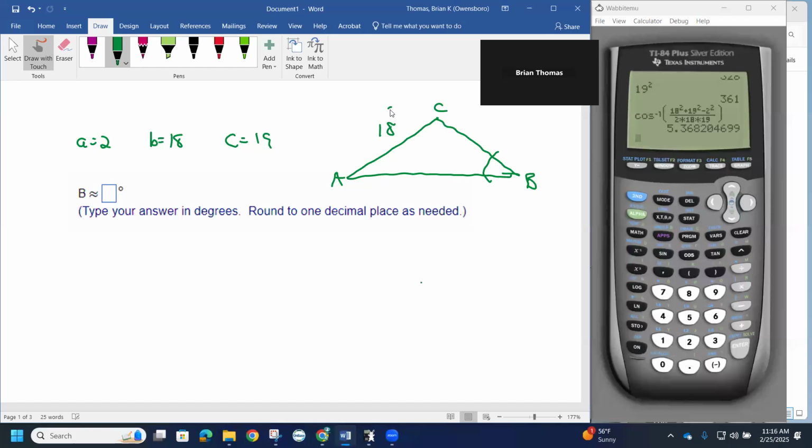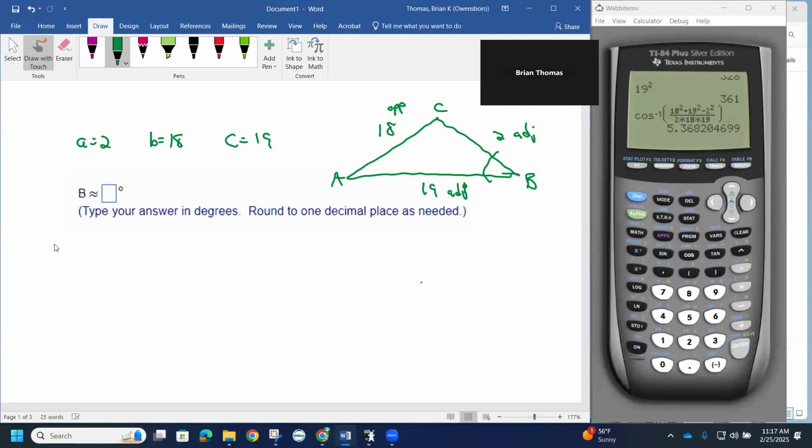So the 18 becomes the opposite, which means side A, the 2, and the side C, which is the 19, become the adjacents. So this is the adjacent, and this is the adjacent. So that manipulates my formula a little bit. So knowing what angle we're looking for, that's going to dictate who's opposite and who's adjacent. Because remember, the adjacents make the angle. So opposite angle A is side A, opposite angle C is side C.